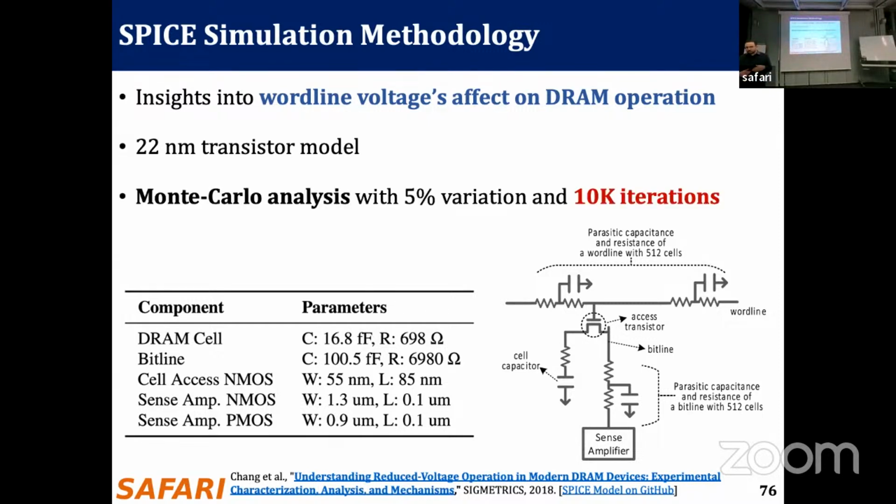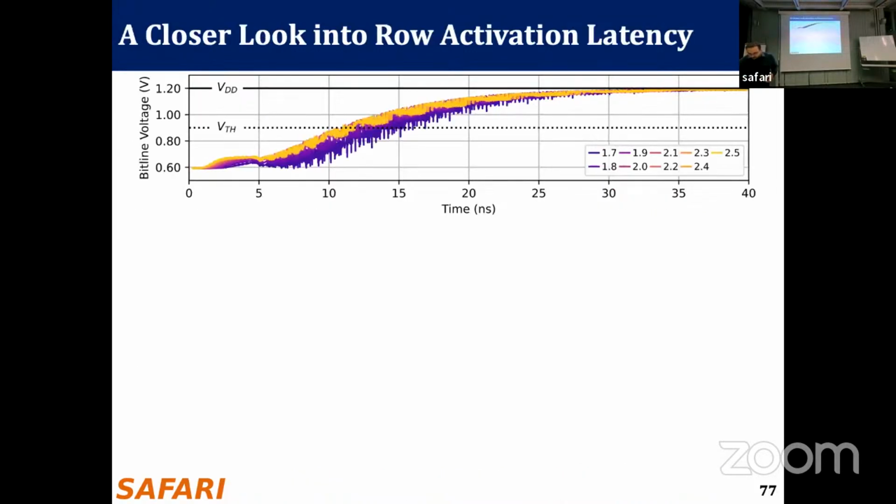And we conduct a Monte Carlo analysis where we introduce 5% variation in the parameters of this circuit model across 10,000 iterations. And we observe how the row activation happens.